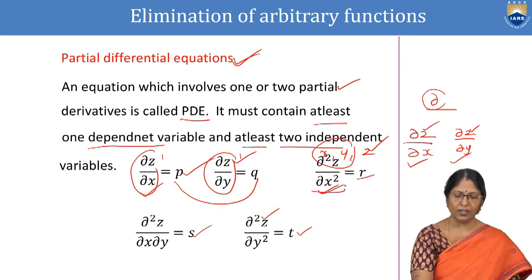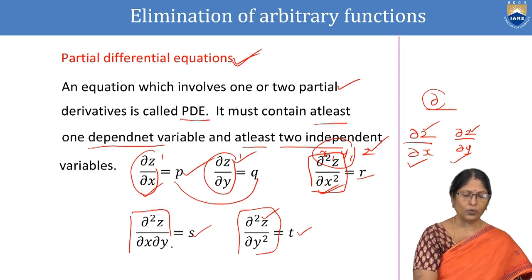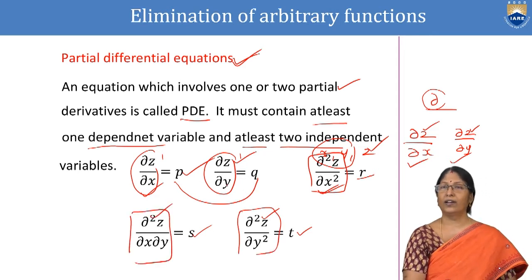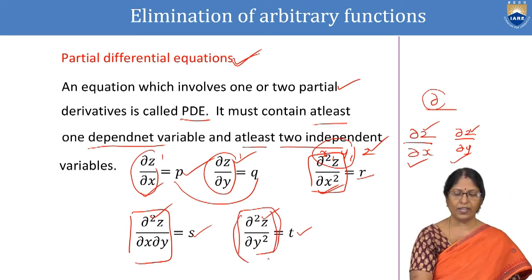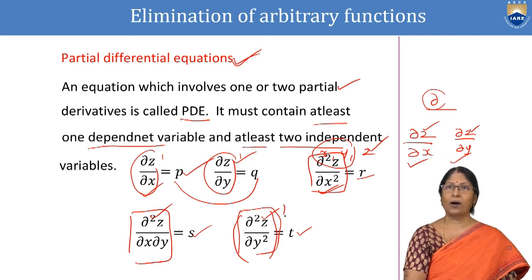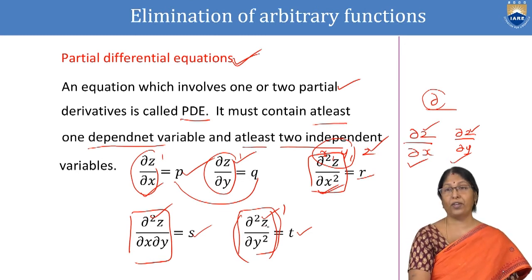Whereas r, s and t involve differentiation two times, so it is a second order linear equation, second order but the degree is only 1. We are going to discuss this completely. The notations are given, and it is linear because the degree of the derivatives is 1.